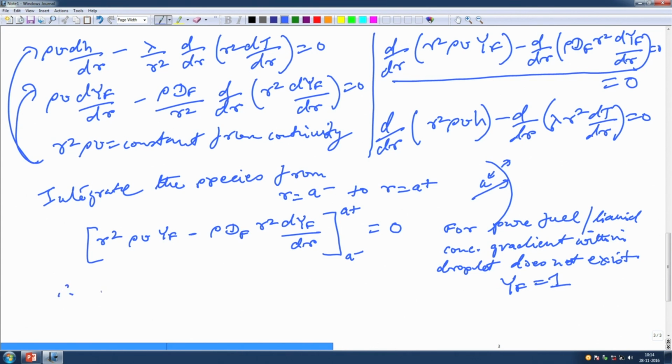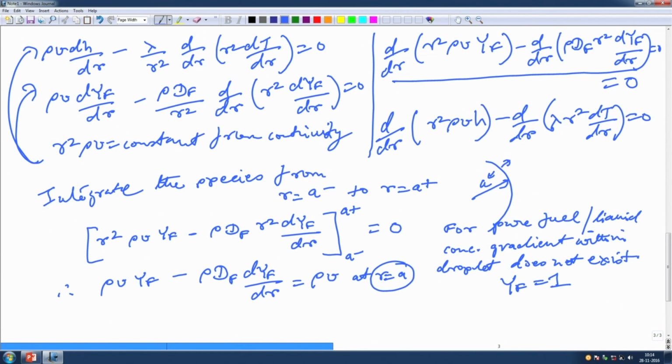Okay. So, therefore, rho V YF minus rho dF dYF by dr must be equal to rho V at r equal to a. Okay, you are getting the point.